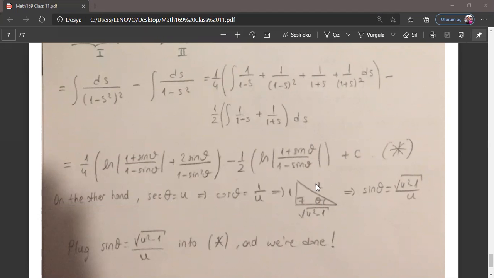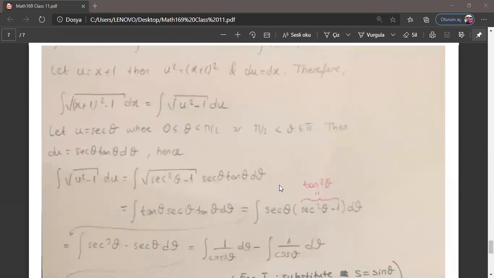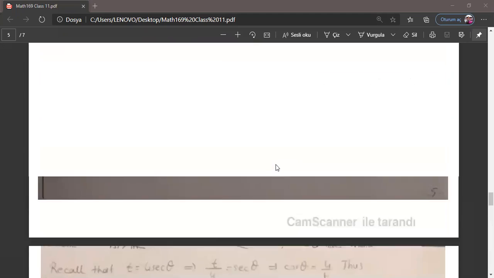Now using the triangle, we get this, okay? If we plug this into the big star, then we're done. The only thing you need to do is write square root of u squared minus 1 over u instead of sine theta. So I hope you understood well.